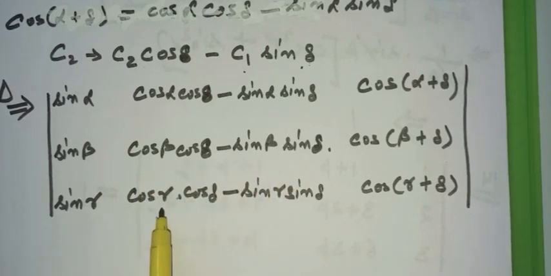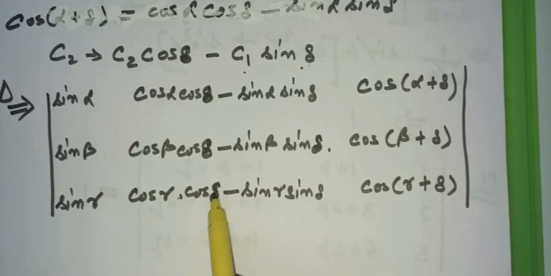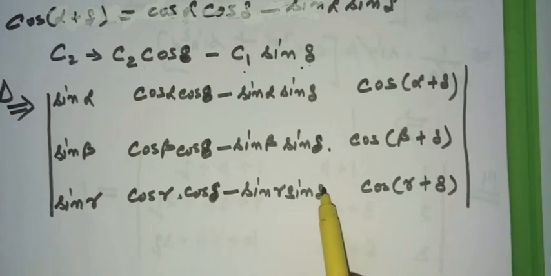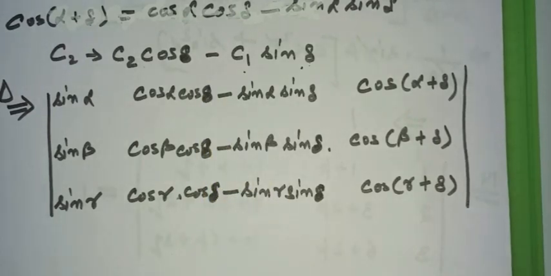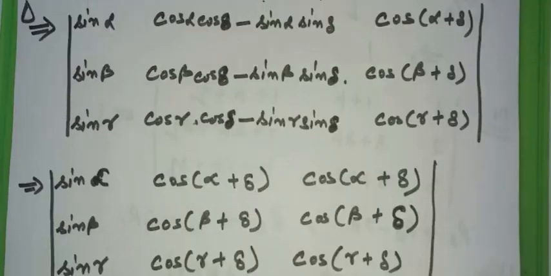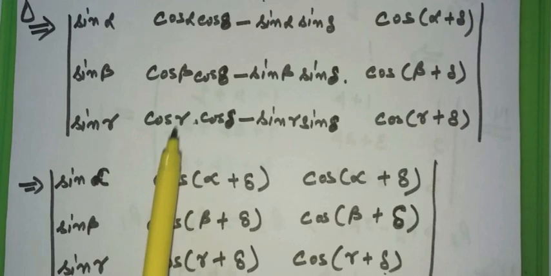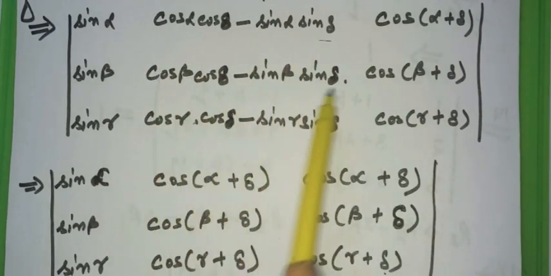And similarly cos gamma cos delta minus sin gamma sin delta. So this is the expansion of cos gamma plus delta. So replacing these three numbers by their formulas, I get this determinant.